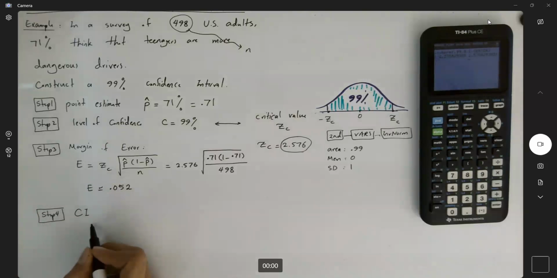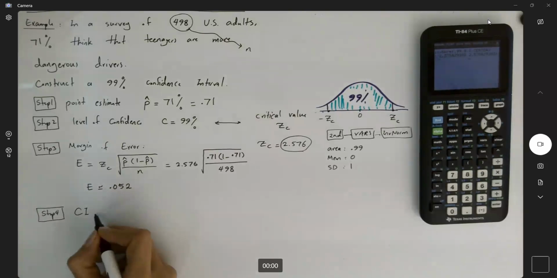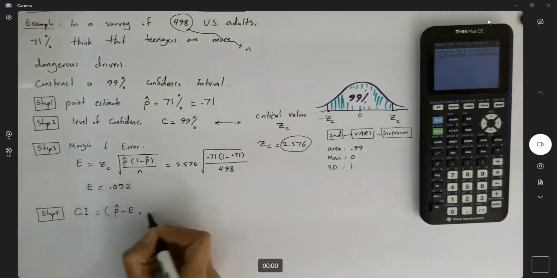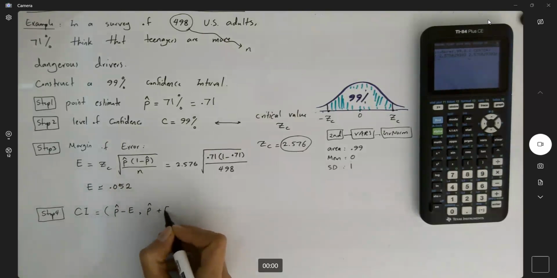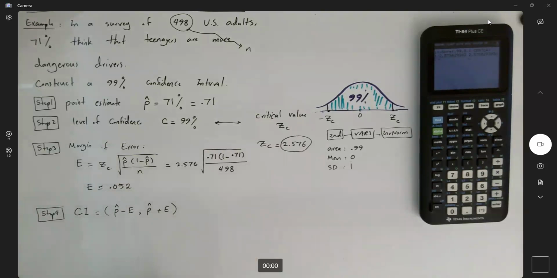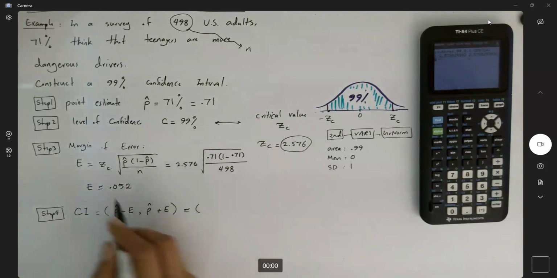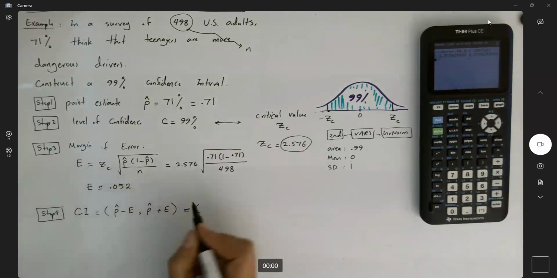Now that I have the margin of error, I can go to step 4 and find the confidence interval, CI, which is defined as the open interval P hat minus the margin of error, comma, P hat plus the margin of error. Since we approximated the margin of error, let us use approximation here.